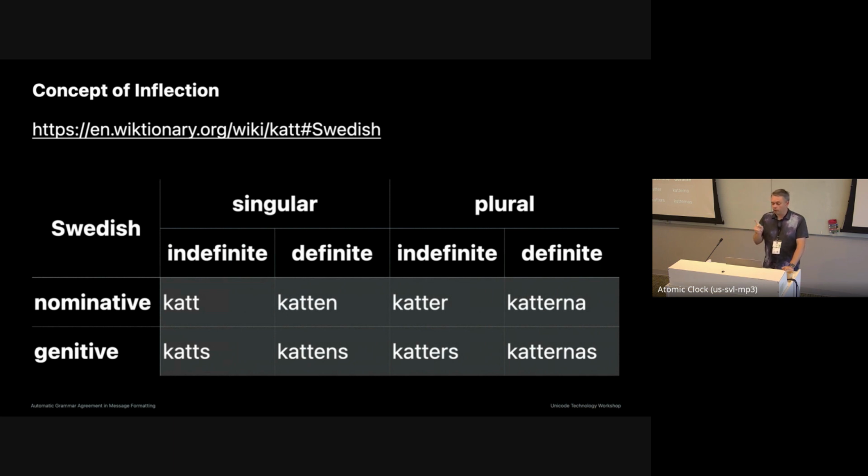But I could also start from any other spot. I could say that I have katter, and then I want to make it genitive, it'd be katters. So I can start at any point in this space, and then just modify one or more of these grammatical category values, and get what I desire. So there's a bit of inertia. You start with one place, and you just modify what you need to modify for the context of your sentence.